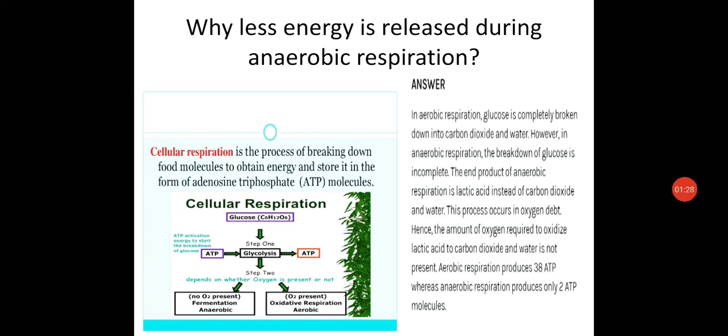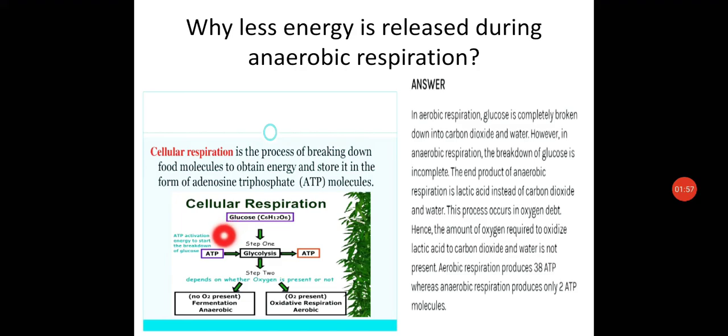Cellular respiration is the process of breaking down food molecules to obtain energy and store it in the form of ATP, which is adenosine triphosphate. In aerobic respiration, glucose is completely broken down into carbon dioxide and water. However, in anaerobic respiration, the breakdown of glucose is incomplete.